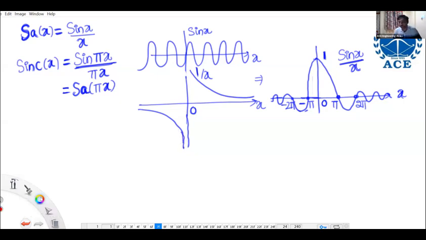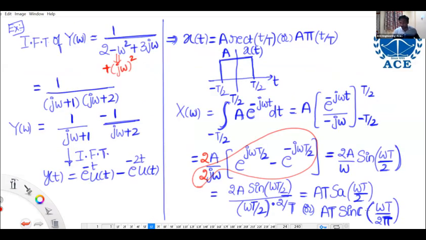But in the answer we discussed, before converting to the Sa function or sinc function, what is the answer we got? This is the answer, sir. See here, everyone see the cursor. Sin x equals 0 means what is the general solution? Plus or minus n pi. Indirectly, for all integer multiples of 2 pi by t, the spectrum becomes 0.